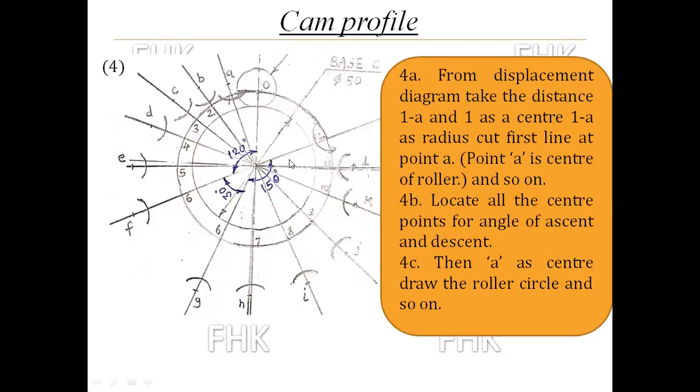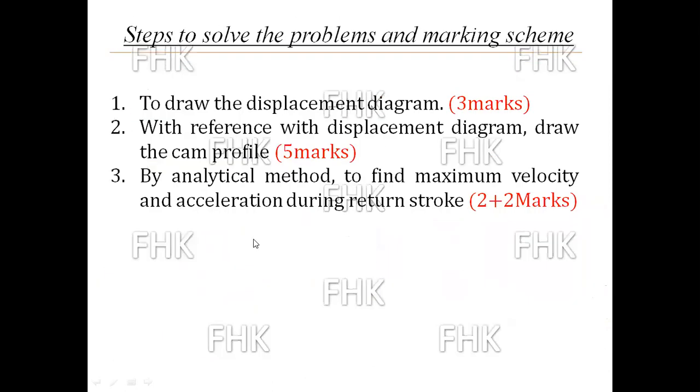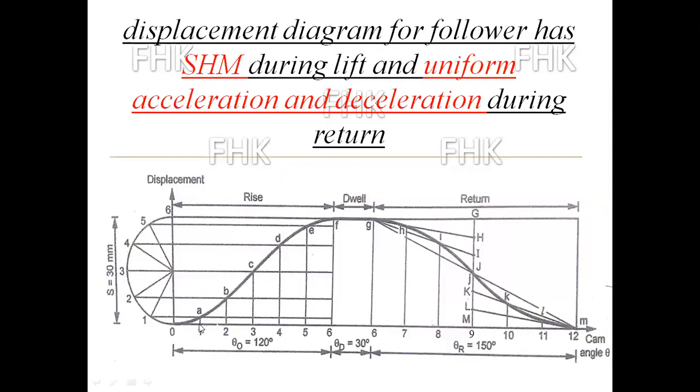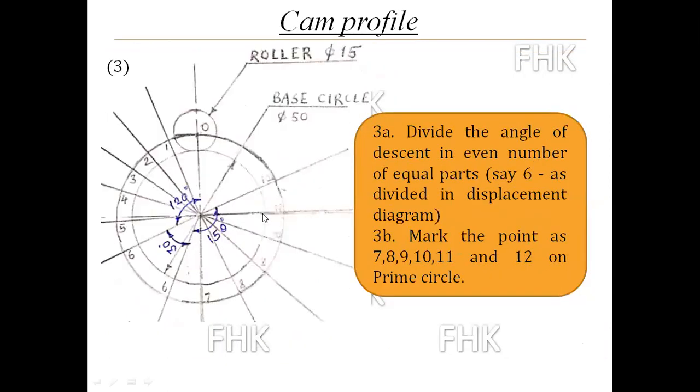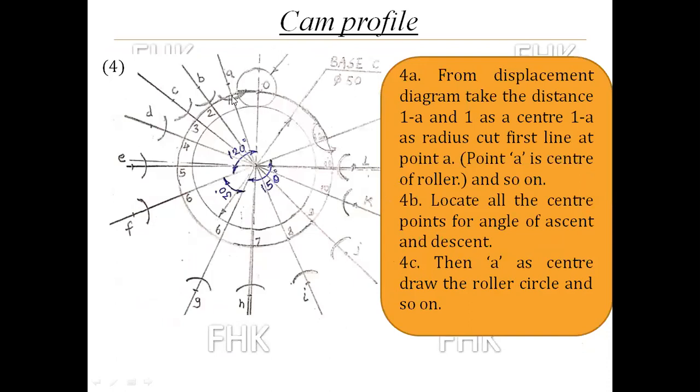Now come to the next step. This is a very important step, don't make a mistake in that. From the displacement diagram, I will take the distance 1a. You have to take the distance 1a in the compass, and mark the 1a distance on the first line, and that point a will be your center of roller, not the point through which you have to draw the cam profile.